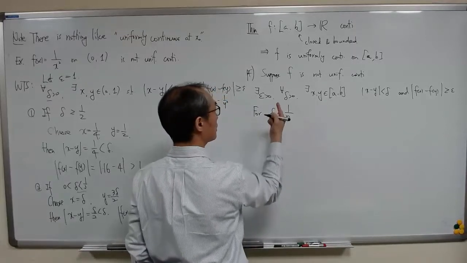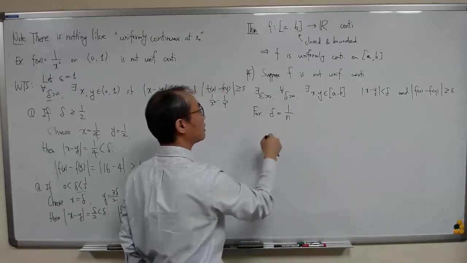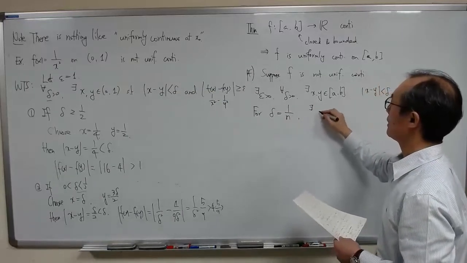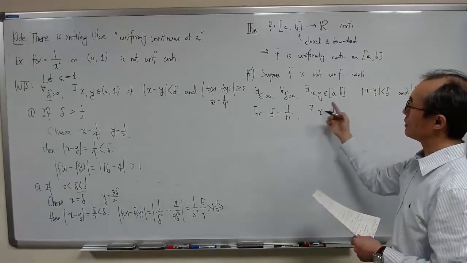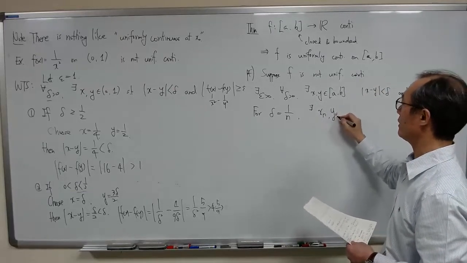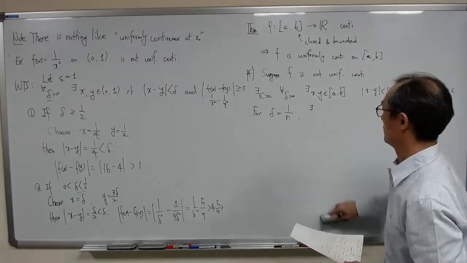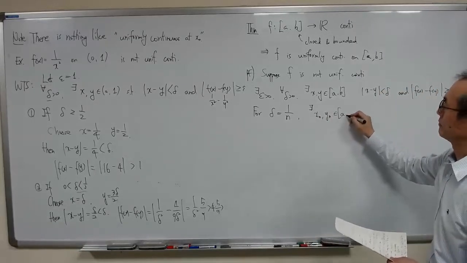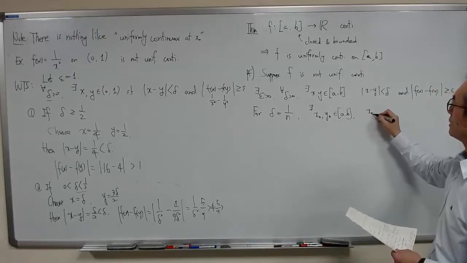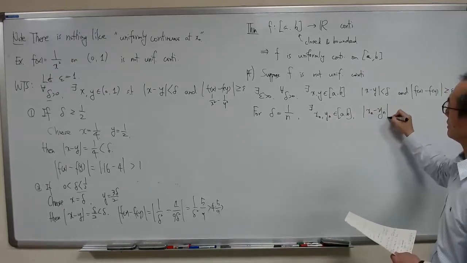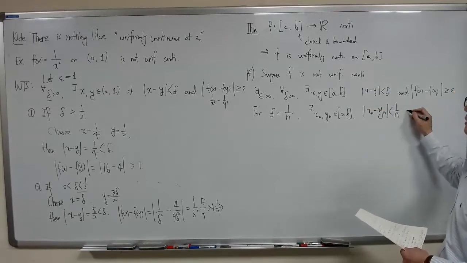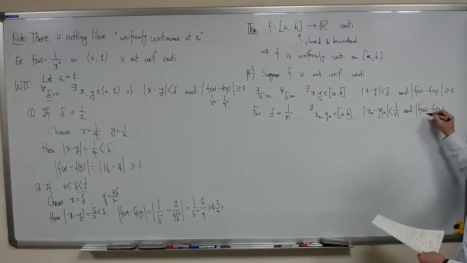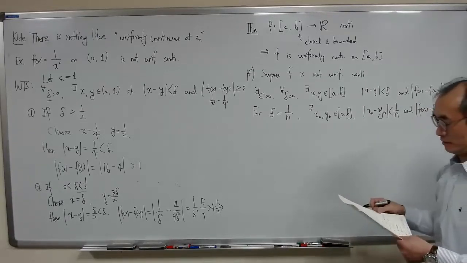Since this is true for all delta, if you choose delta as 1 over n, the corresponding x and y will be denoted by xn and yn, in the domain of definition, such that the difference between xn and yn is smaller than 1 over n, and the difference between f of xn and f of yn is greater than or equal to epsilon.